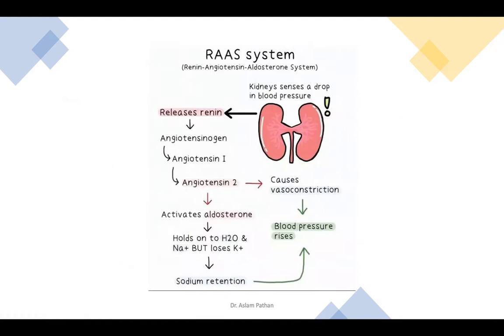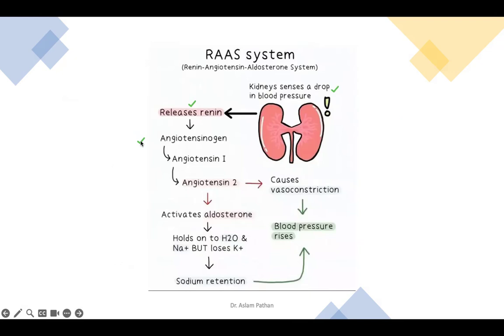Renin angiotensin aldosterone system, RAS. Let us see the normal compensatory mechanism. When the kidney senses a drop in the blood pressure, it releases the renin. This kidney enzyme renin forms the angiotensinogen.